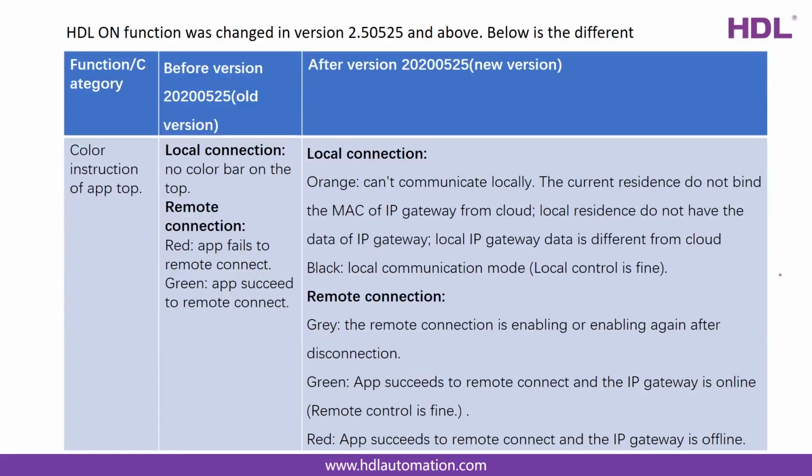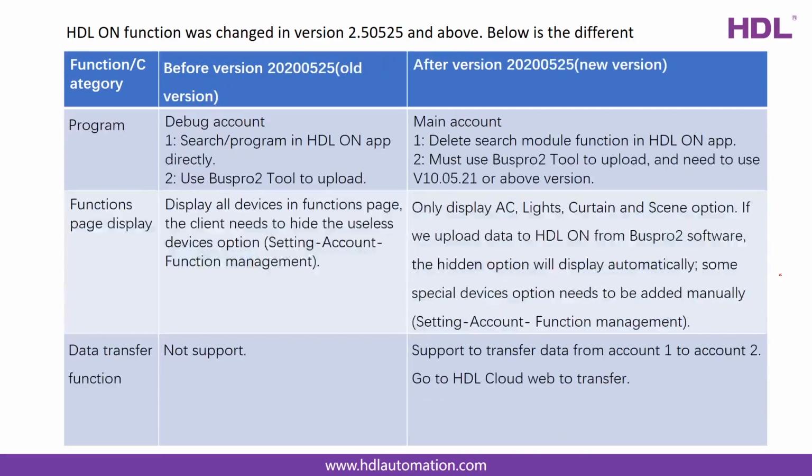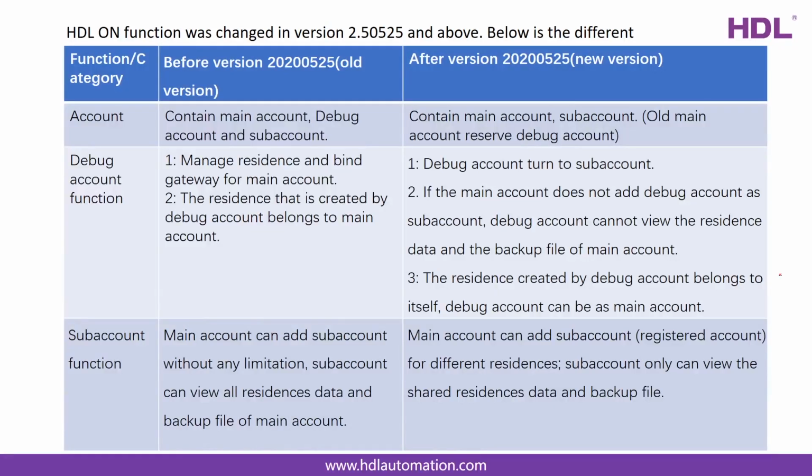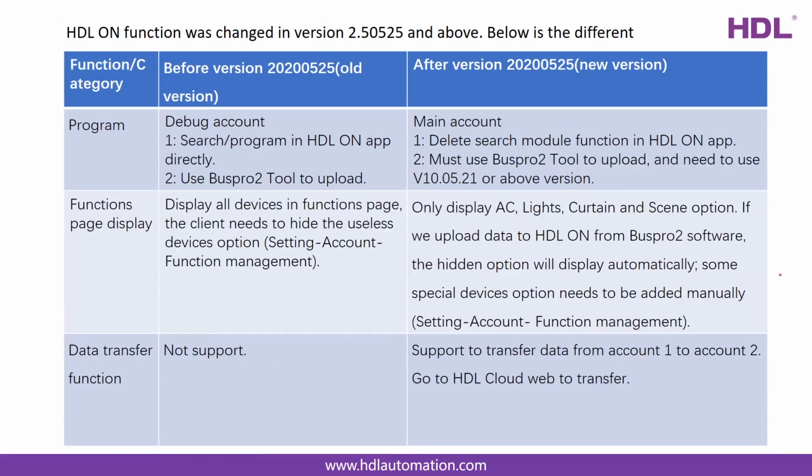Okay, there is some difference between the old and the new app. We can review. The first one is the account, and the second is the program. The program is different. For the new app, we need to use Passport 2 to upload.